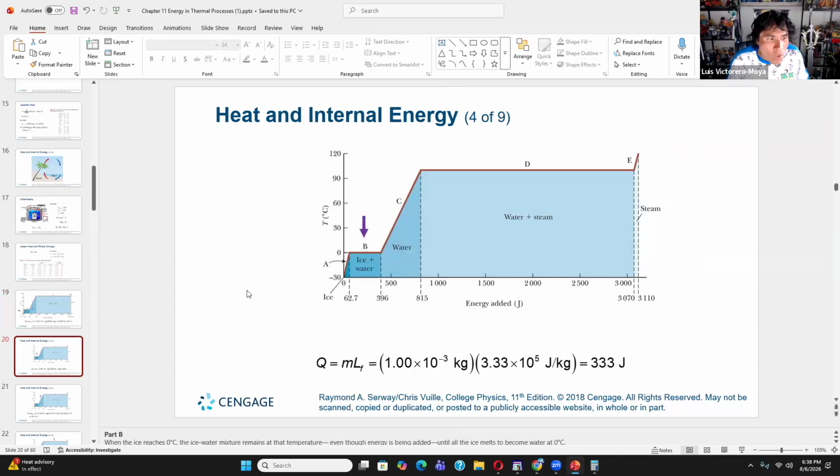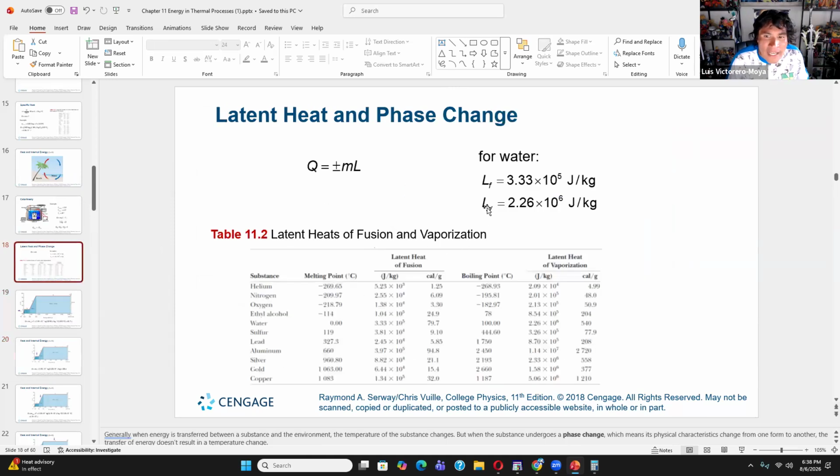What is this number? We call that the latent heat of fusion for water. This ice is water, just in solid state. So you have latent heats of fusion for different substances, and you also have latent heats of vaporization for different substances.